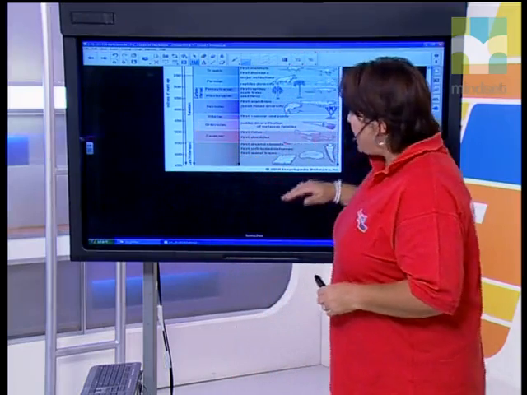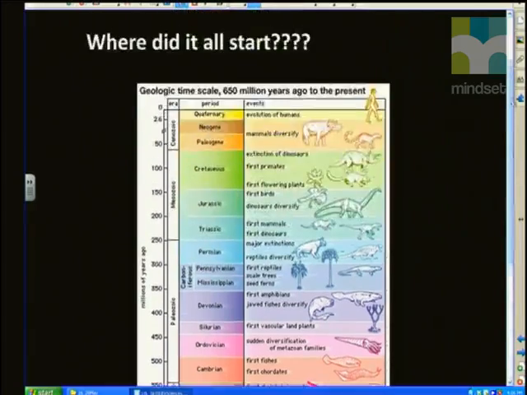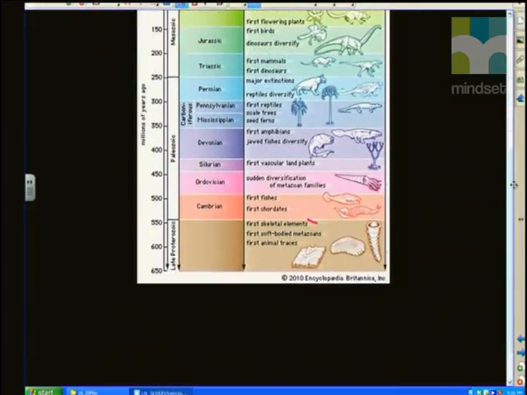If we look right here, this is the oldest. If we have a look at the bottom, this era over here, Cambrian, this is the oldest.